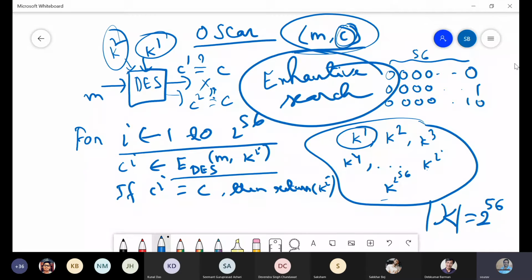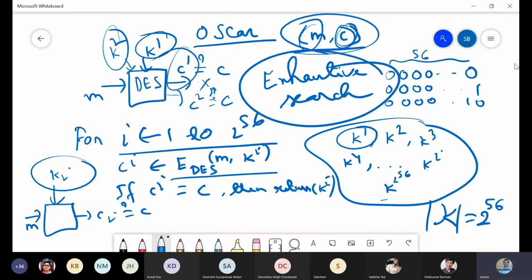We have the message M, we encrypt it and get some ciphertext. So for this Ki, we choose a Ki and we have the message M. We get some Ci. We check whether this Ci matches our C or not. If it matches, then Eureka, we got the key. The key is our Ki.